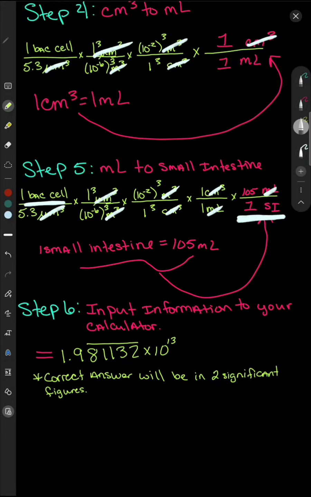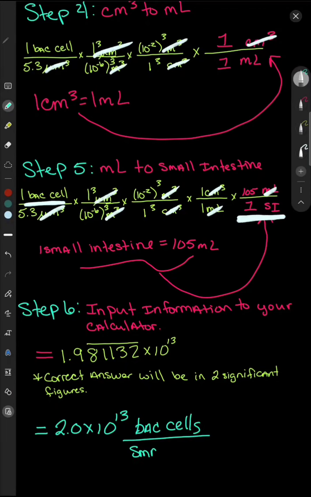Remember, the correct answer will be in two significant figures, so your final answer should equal 2.0 times 10 to the 13th bacteria cells per small intestine.